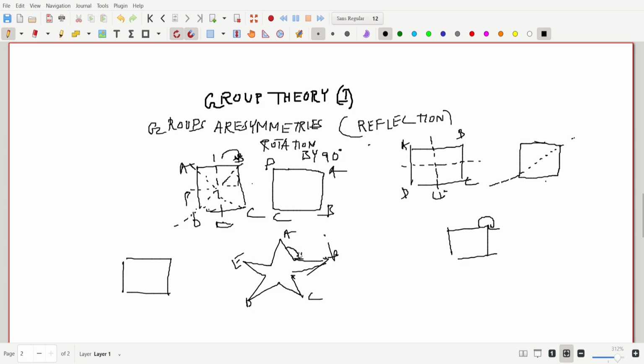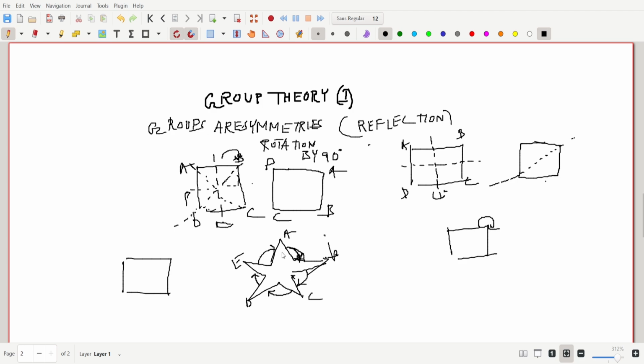So one symmetry is that we can rotate it like this, so this comes here, this comes here, and everything shifts. And again we can rotate it this way, one more rotation, and this comes here. So we can rotate it five times.